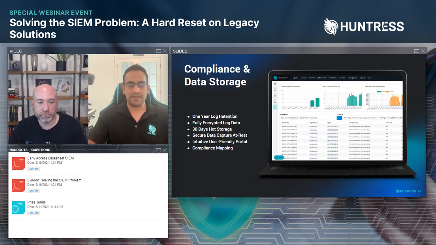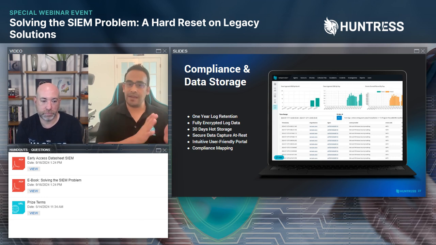Just a note: the typical requirement across maybe all compliance, though there are exceptions, like I can think of HIPAA as one of them, is 1 year of log retention, which we do out of the gate. We'll have the ability to extend further much later on if need be, but for right now, you've got that 1 year log retention ready to go. It stores up to a year as cold storage, or long-term storage.